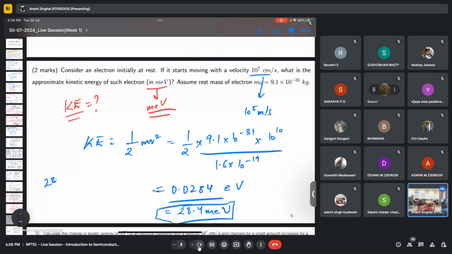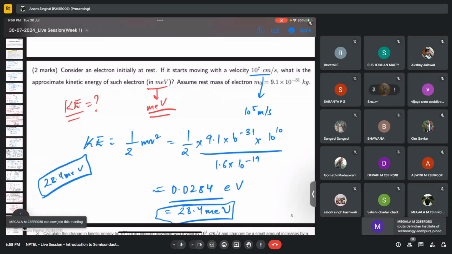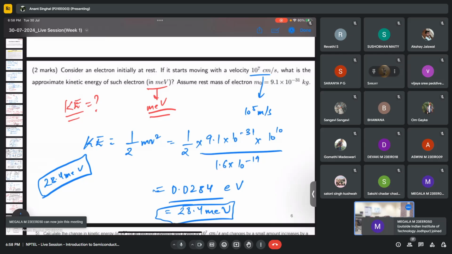The answer will be 28.4 milli electron volts. Is it fine? Is it the case with everyone?